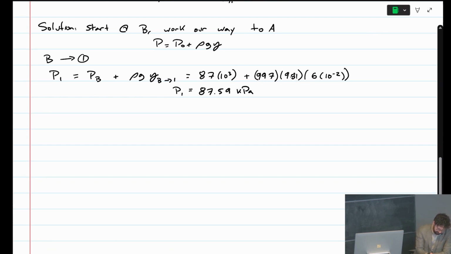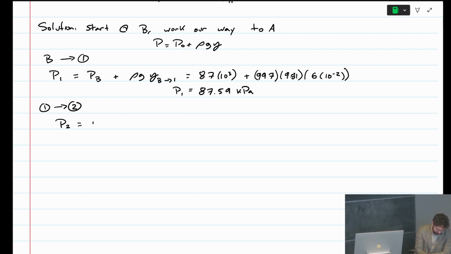Now we're going to go from 1 to 2. So P2 is P1 plus rho g y from 1 to 2. We calculated P1 as 87.59 kilopascals.